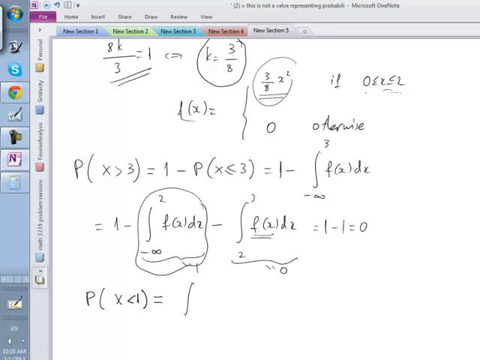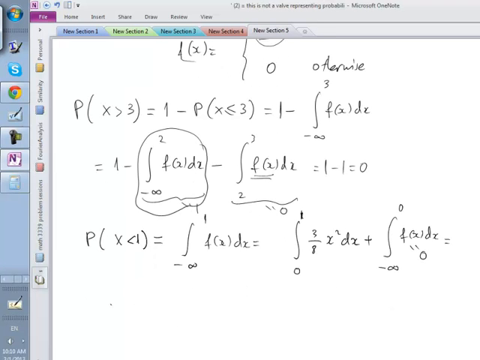That would be the probability that x goes from 0 up to 1, which is the integral of 3/8 x squared dx from 0 to 1.